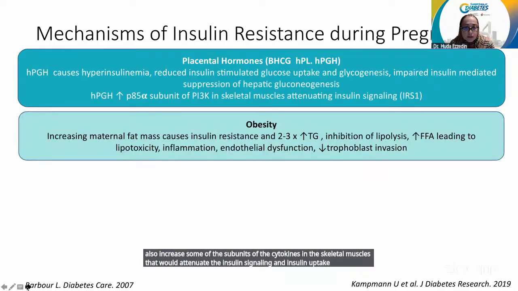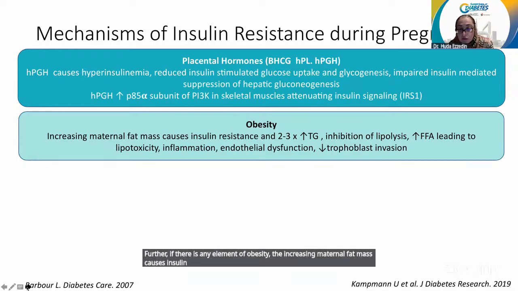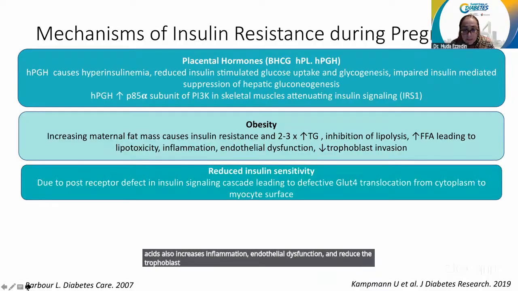Further, if there is any element of obesity, the increasing maternal fat mass causes insulin resistance, as well as an increase in triglycerides almost 2 to 3 times, which leads to inhibition of lipolysis and an increase in free fatty acids. It also increases inflammation, endothelial dysfunction, and reduces trophoblast invasion.